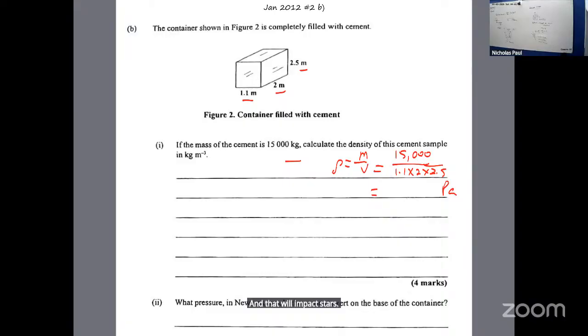I actually have a calculator today. Right, I have 27.3. 15,000, which is the mass, divided by 1.1 by 2 by 2.5 here.